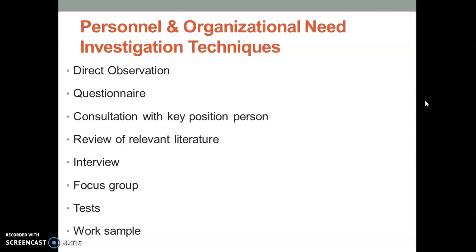So the first, which is available, that is the direct observation. The senior of the individual, who is working with the individual, who has got know-how about the individual, has got monitoring over his or her work.